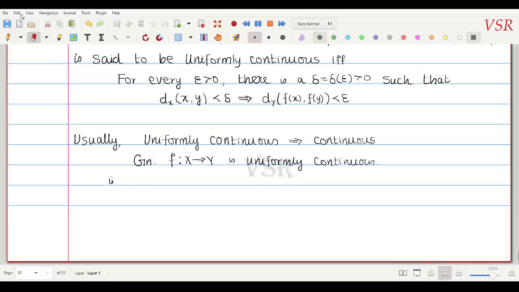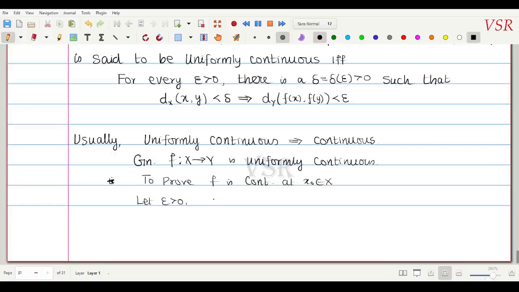Now to prove f is continuous at some x naught, let epsilon be positive, given. Then what must we find? Find delta positive.